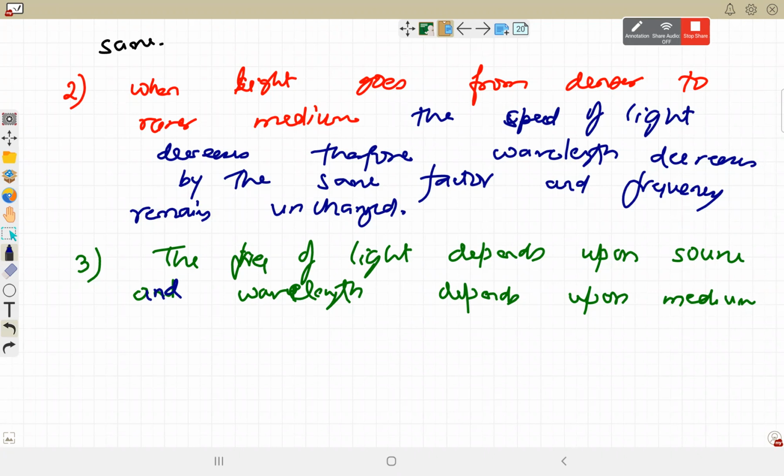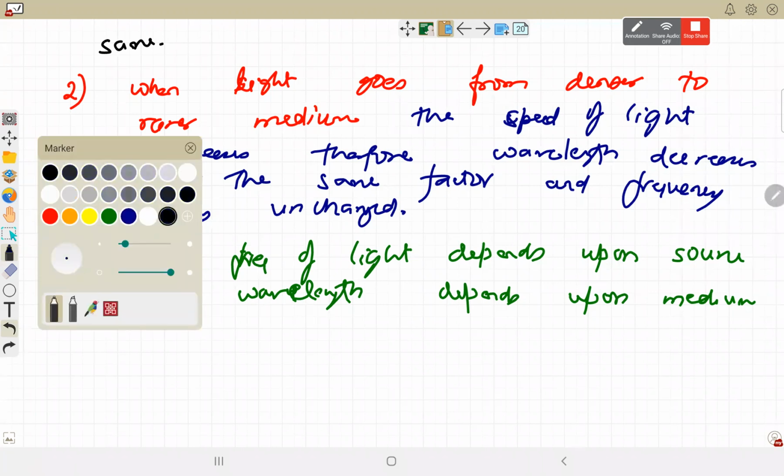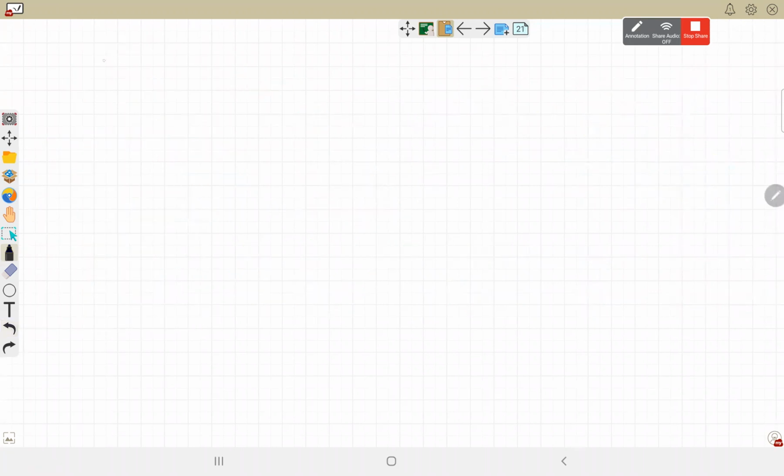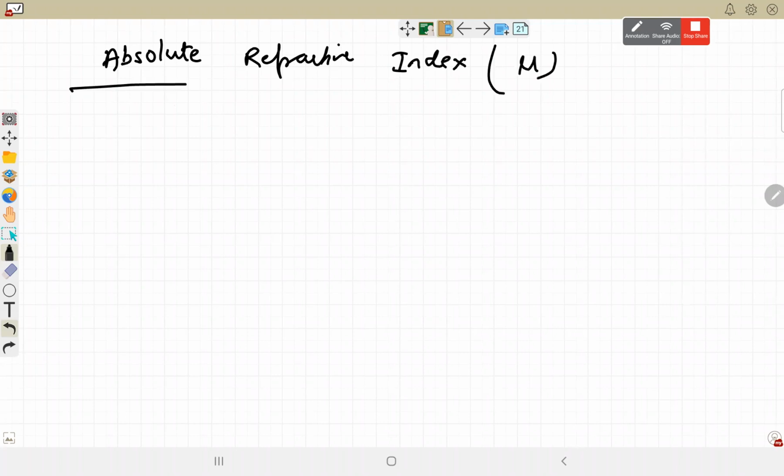Absolute refractive index of the light of a medium. So it also depends upon which light we are talking about, for the different color of light. Absolute refractive index or just refractive index of a medium that we are denoting here by mu.